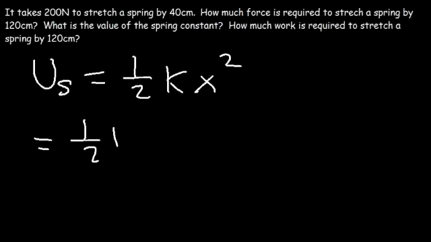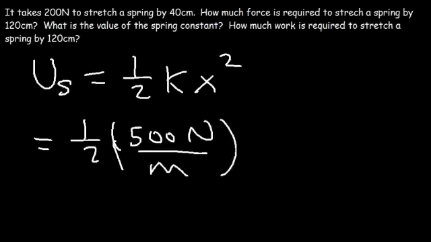So k, we know it's 500 newtons per meter. I'm going to write it like this. And x is going to be 120 centimeters, but we need to convert it to meters. So let's divide it by 100, which is 1.2 meters squared.